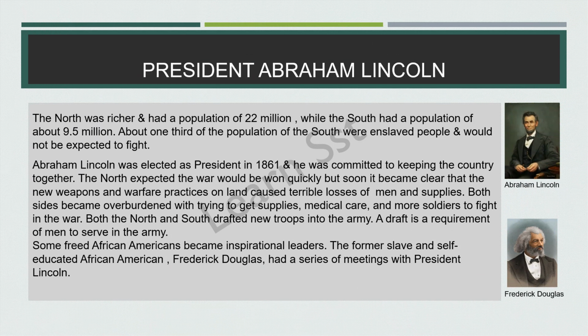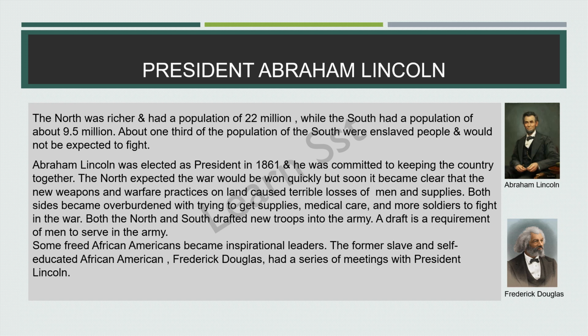Now, President Abraham Lincoln. The North was richer and had a population of 22 million, while the South had a population of about 9.5 million. About one third of the population of the South were enslaved people and would not be expected to fight. So over here you can see again the difference between the northern and southern states of America.